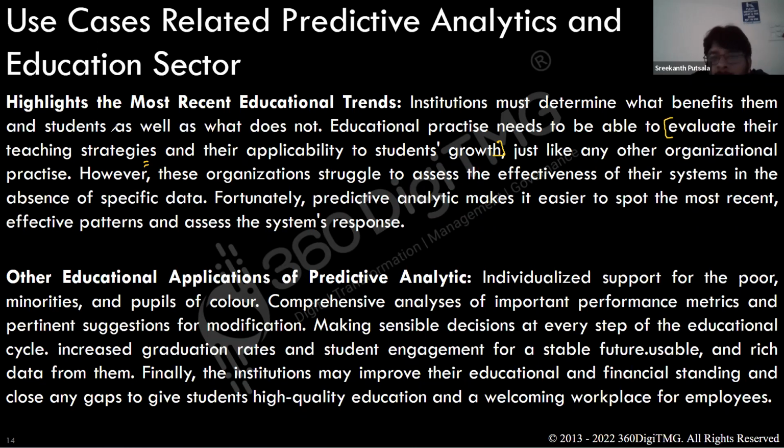These organizations struggle to assess the effectiveness of their systems in the absence of specific data. If we do not have specific data, maybe we are not getting this analysis right, right? So the historical data is very important, and we will be looking into the educational trends, what is happening. Are we going in the same process and not changing anything?